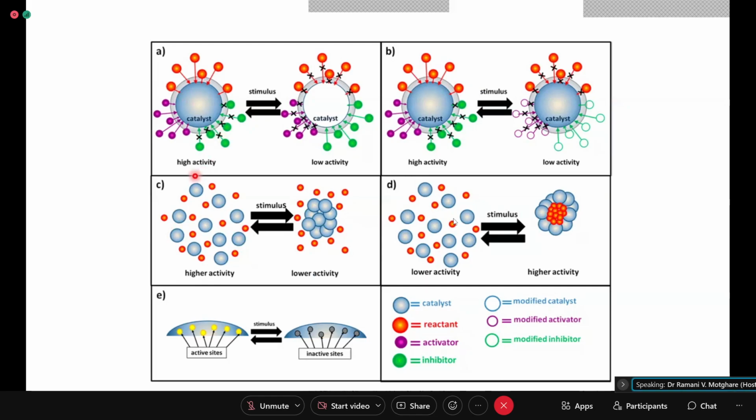Now you can have a high activity catalyst and a low activity catalyst. A high activity catalyst will have certain specific sites, so that it can adsorb a number of different species of adsorbate molecules, or different types of gases can be adsorbed.